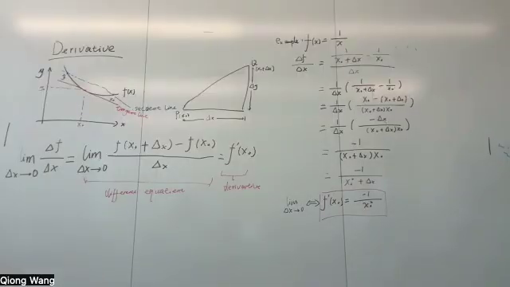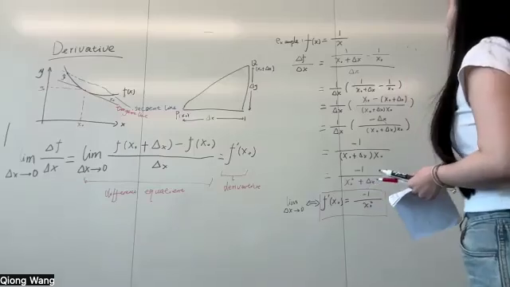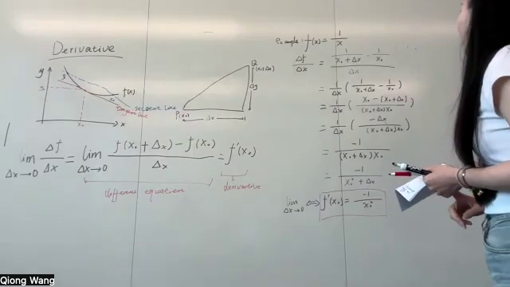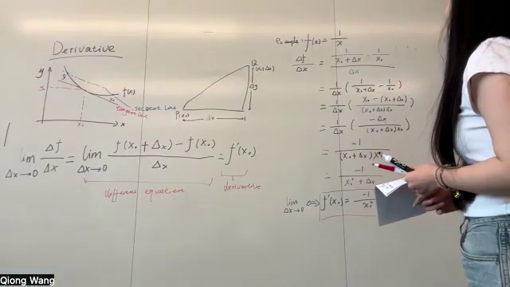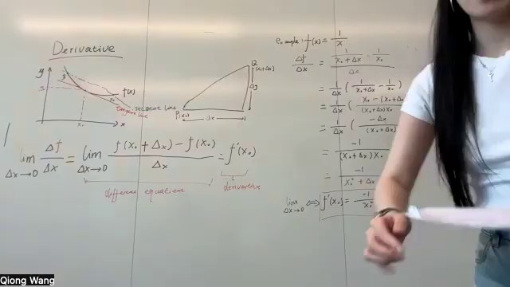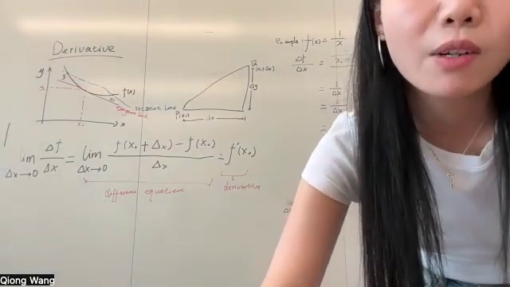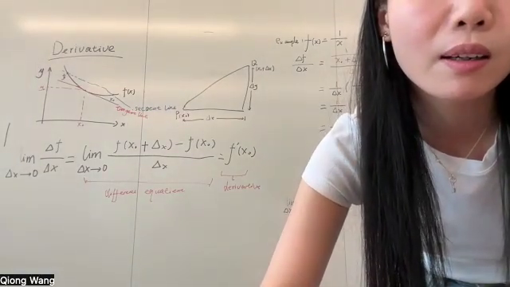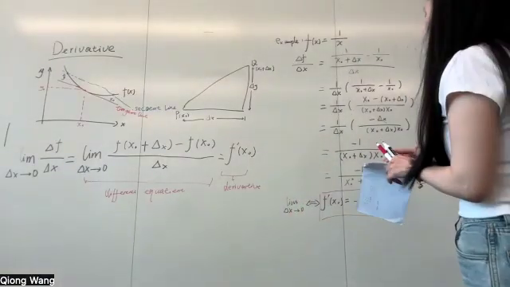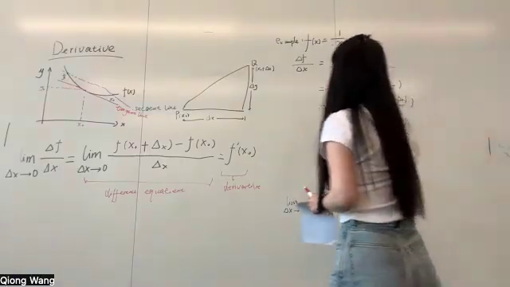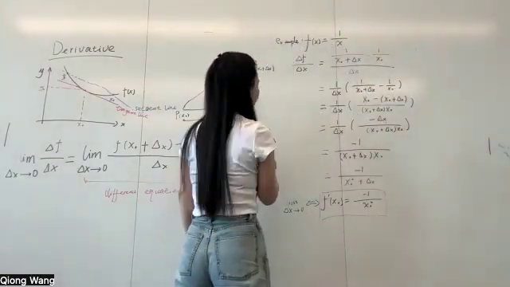Okay, got it. Now we have already got the final result of example one, when f(x) equals 1 over x. But how do we draw it in a graph? Let us have a look.